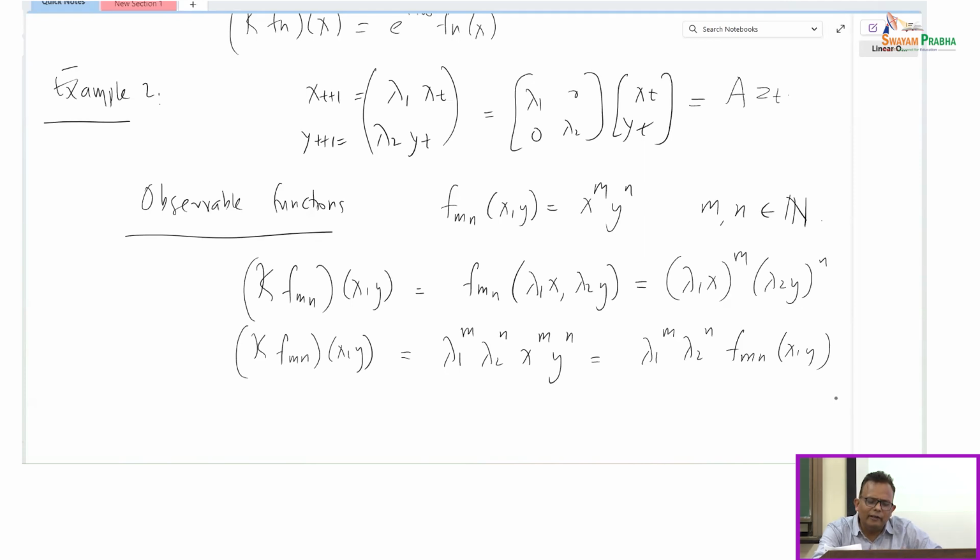So what does it tell you about the f m n? These polynomial basis functions are the eigenfunctions. What is the eigenvalue? Lambda 1 power m, lambda 2 power n.